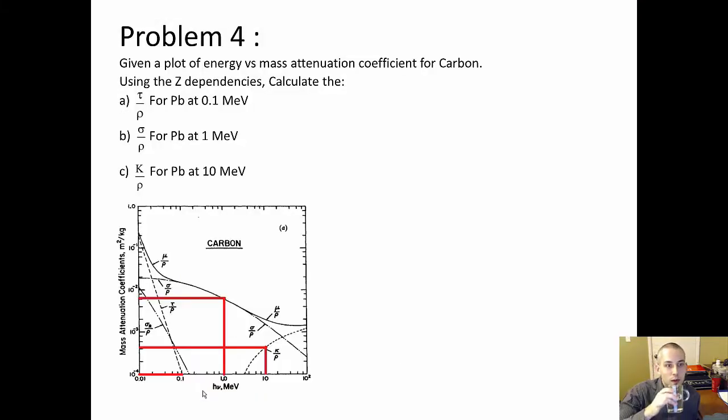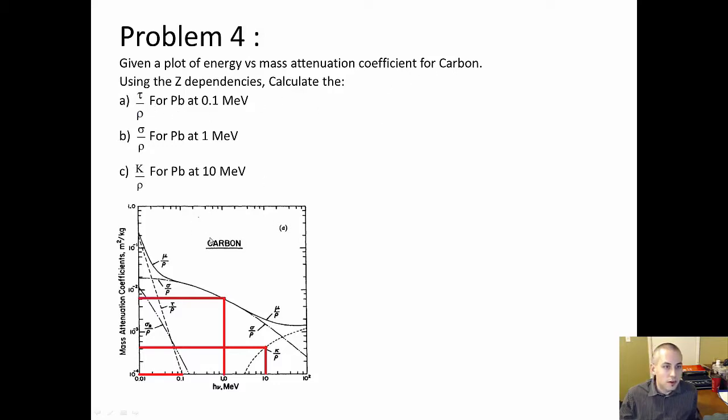Okay, so for problem 4, given a plot of energy versus mass attenuation coefficient for carbon, and focusing in on the Z-dependencies, calculate the photoelectric, the Compton, and the pair production regions of the mass attenuation coefficient for lead at each of these energies.